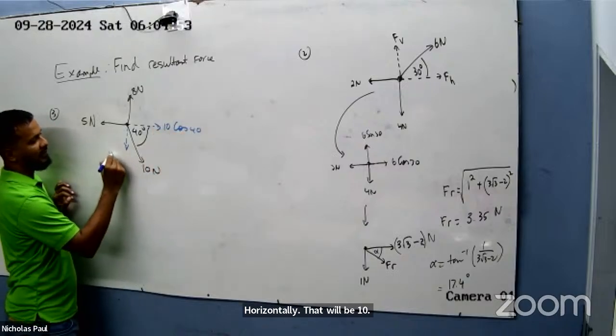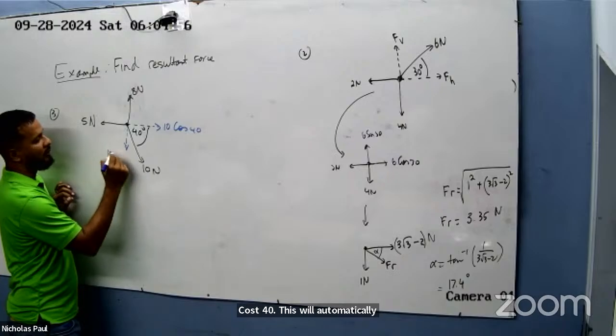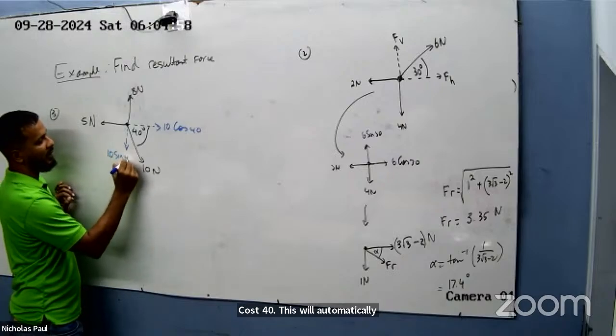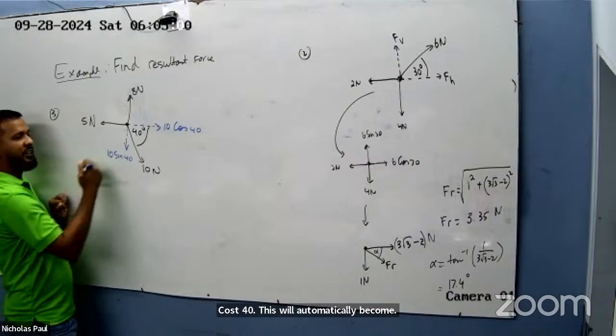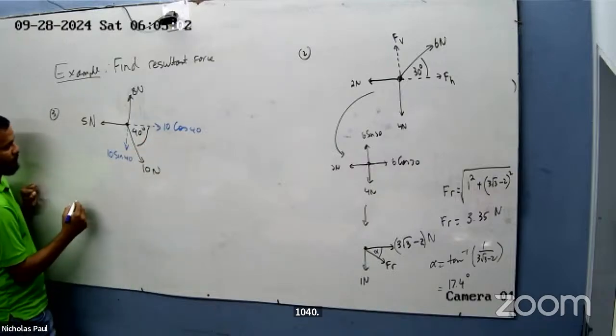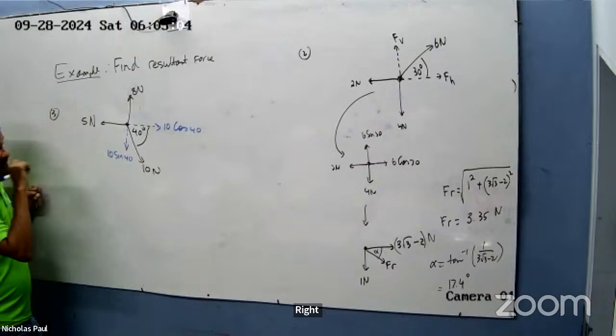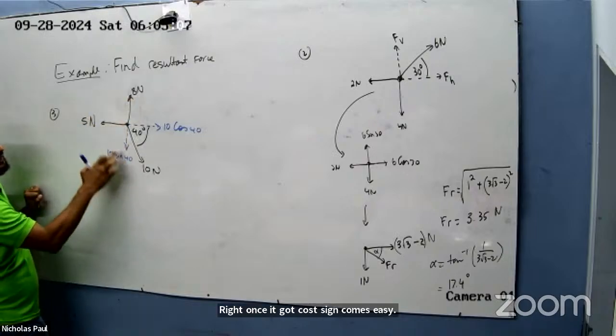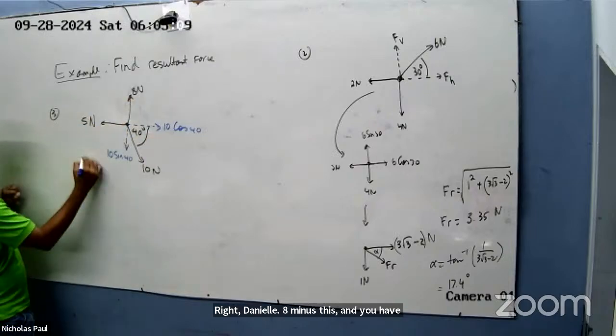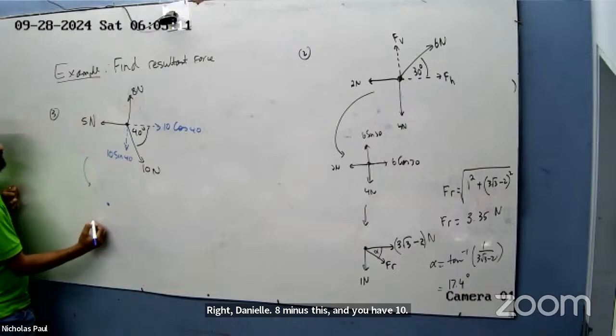This will automatically become 10 sine 40. Right? Once you figure out cos, sine becomes easy. Right? Then you have 8 minus this and you have 10 minus this. Right? So your second diagram.